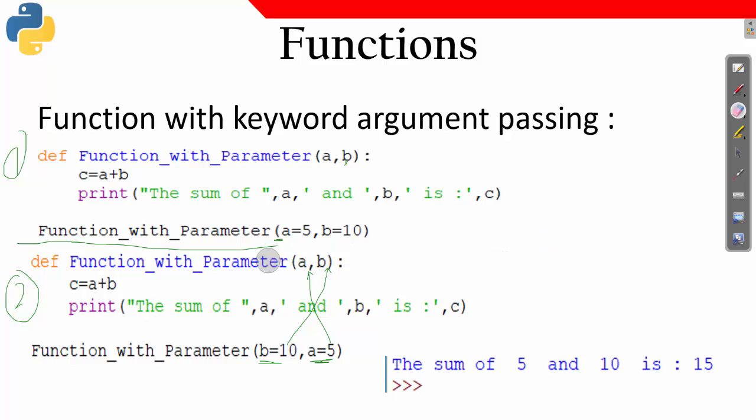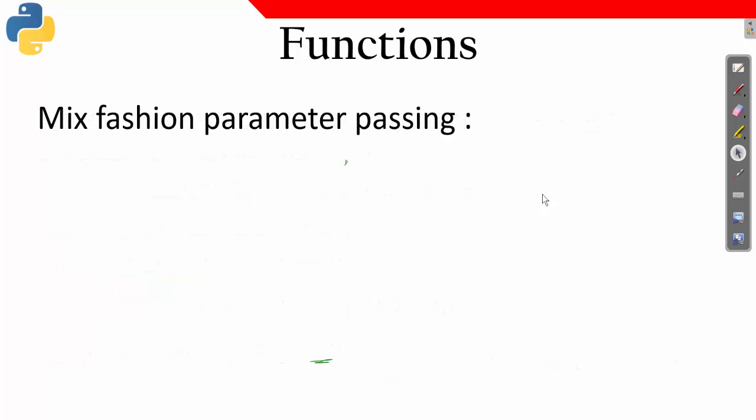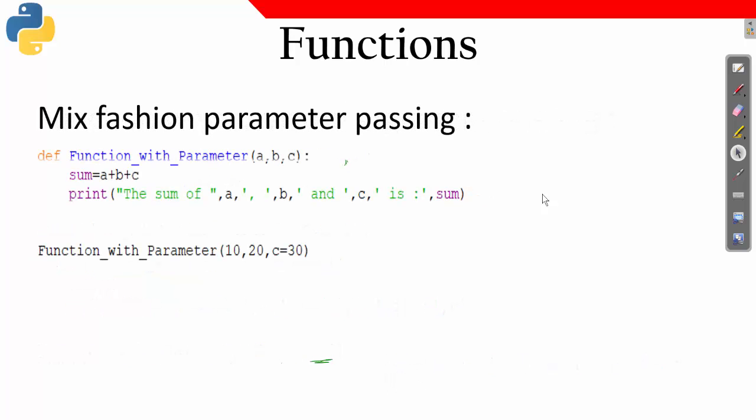I hope you got this also. Let me cover to some extent and then I'll give you a problem so that you will try it out. I can have a mixed fashion also. What is that mixed fashion? I can have both passing by value and passing by keywords.